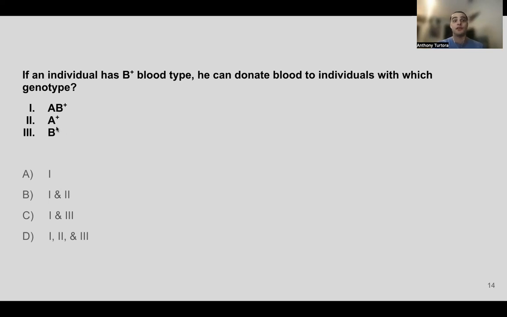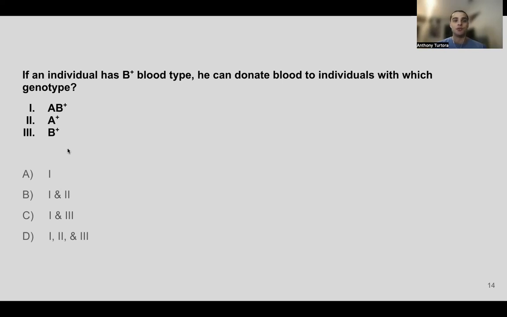So if this person is donating blood to a person with B positive blood, that person will also have the B and the rhesus factor antigen. So he can donate to individuals with that blood type. Therefore, I can cross out anything that doesn't have 3, so I can cross out A and B. I know 1 is right, so I will evaluate 2.